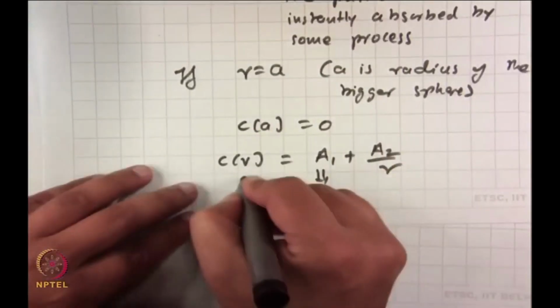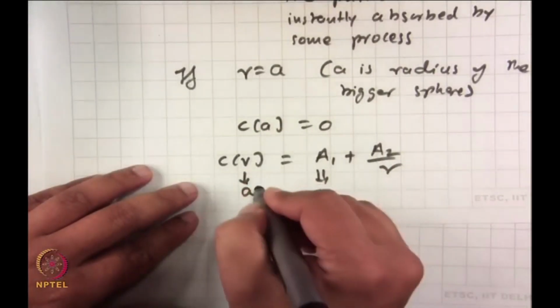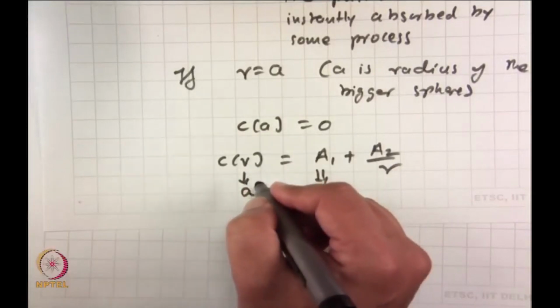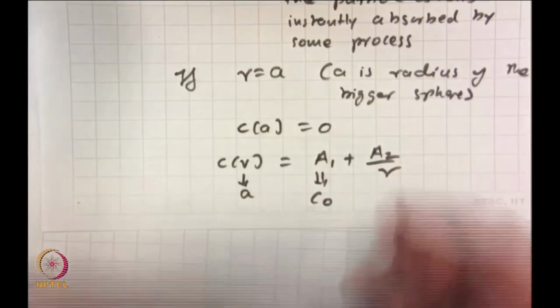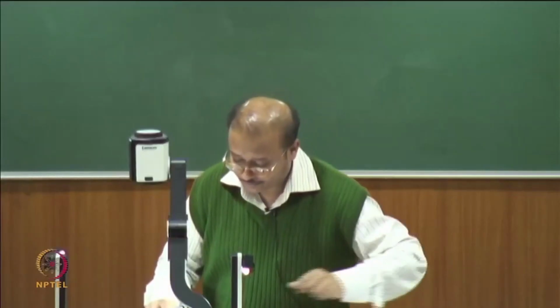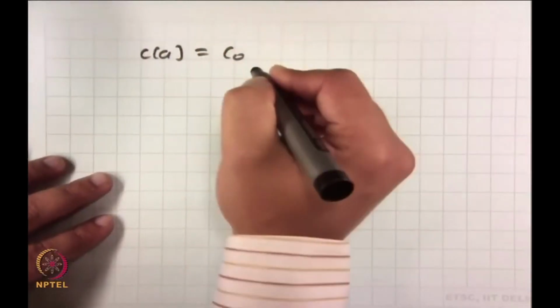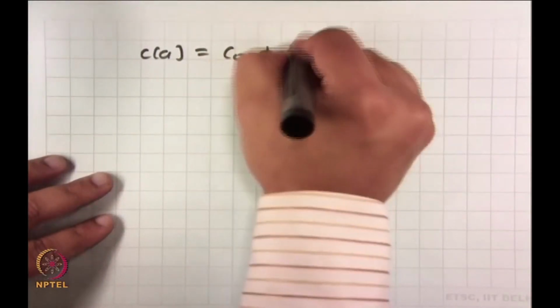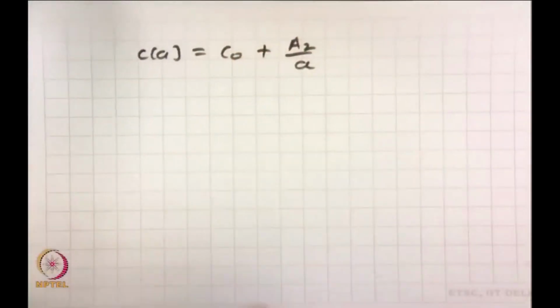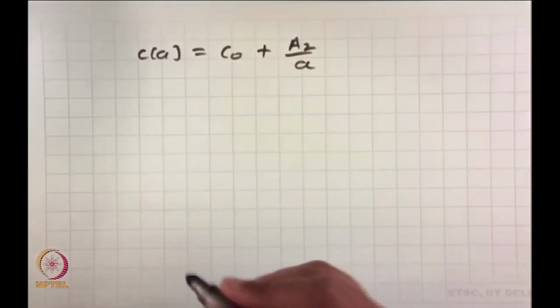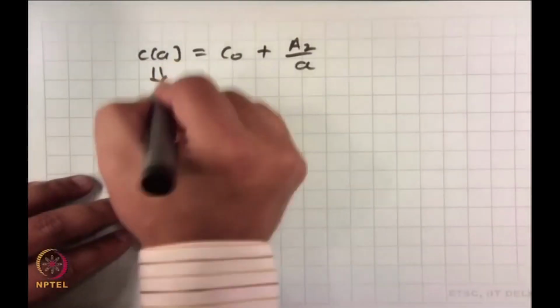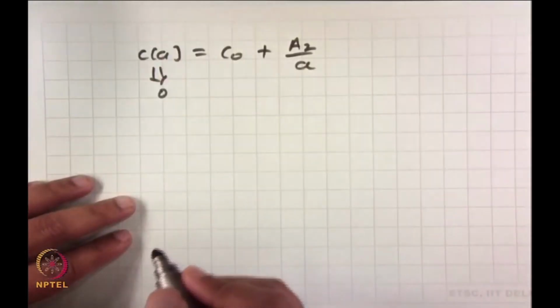We know that when R tends to A, then C of A tends to 0, and then we can write C of A is equal to C naught plus A2 over A, when R is equal to A. Now, we already know that this is 0, isn't it?